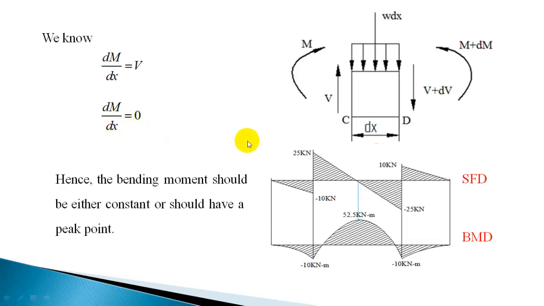So wherever you get 0 shear force, either at a point or for the entire length of the beam. Suppose you have shear force 0 for some part of the beam length, for one entire section, that is B to C or A to B. There, when shear force is 0 for a distance, then dm by dx is 0. Rate of change of bending moment will not exist there, then bending moment should be constant there.